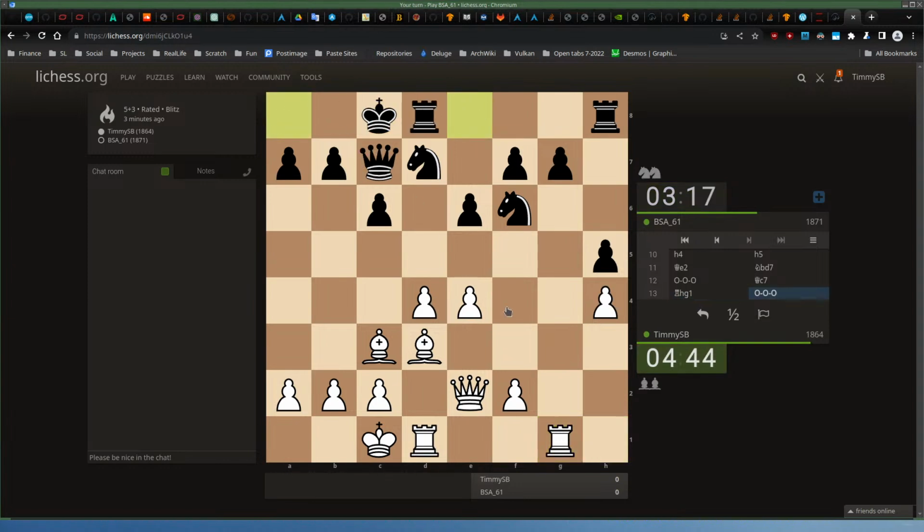You could give check. I'm gonna go here because I'm scared for checks. I want to have my bishop on this diagonal.